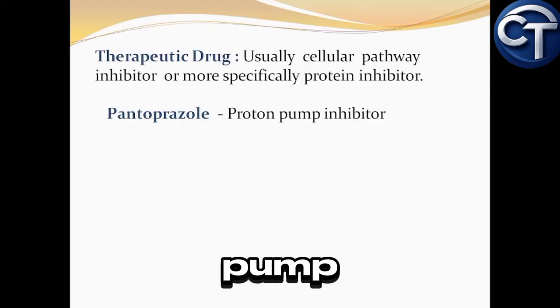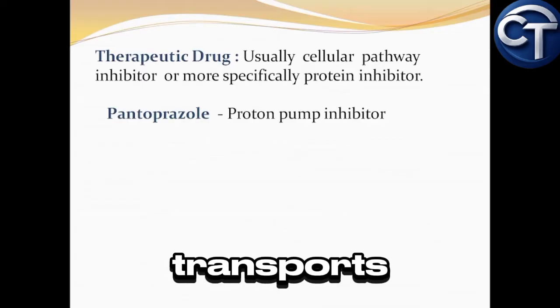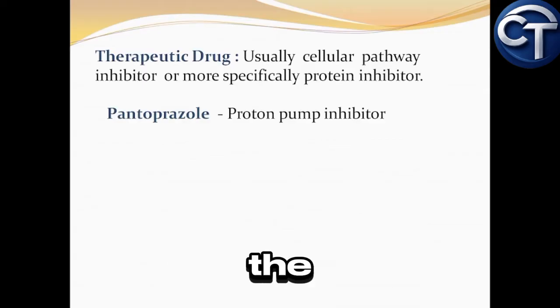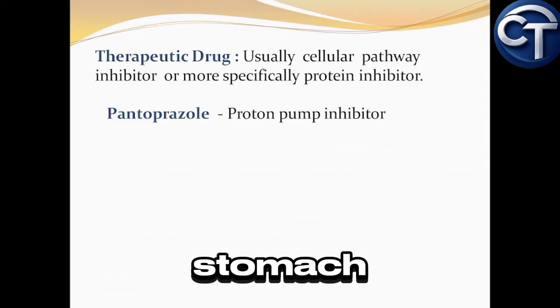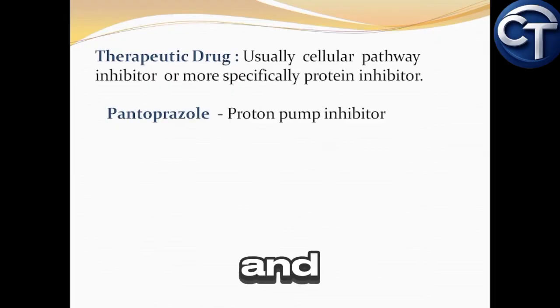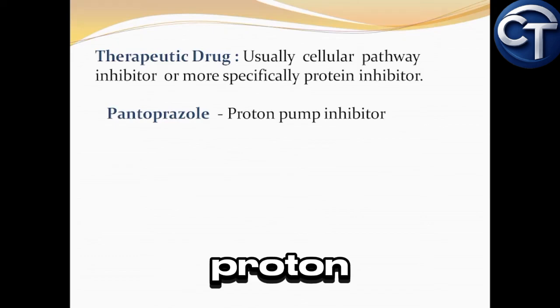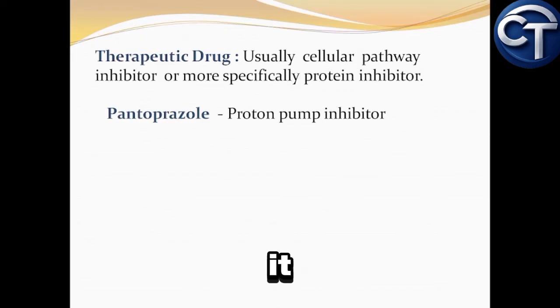This protein transports H plus ions into the stomach, and that's how the pH of the stomach becomes low and the stomach becomes acidic. So when pantoprazole binds, the proton pump is inhibited and it can no longer pump H plus ions into the stomach.